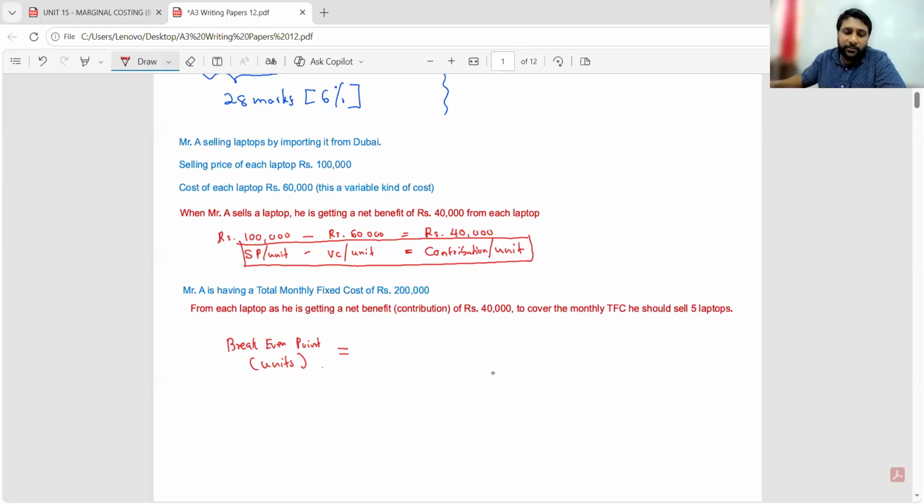Yes or no? So you divided the total fixed cost by the contribution per unit. So 200,000, you divided it by 40,000. So you got the answer of 5 units.